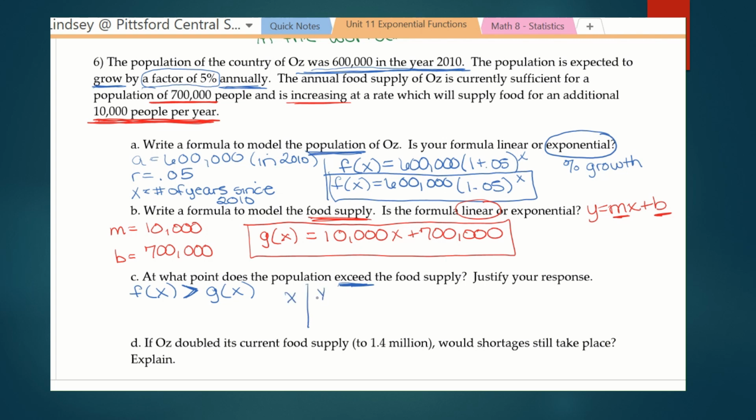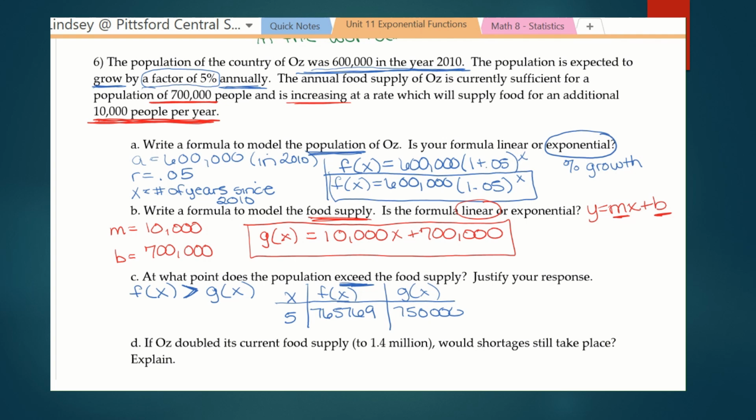I'm just going to show you what I'm looking at on my table here. This would be my f of x function, that's my exponential, and this is going to be my g of x. I see 769,875 and 750,000. So this is the first time I'm seeing that my exponential function is larger than my linear function.